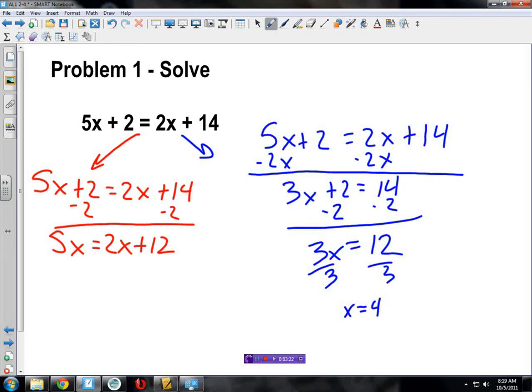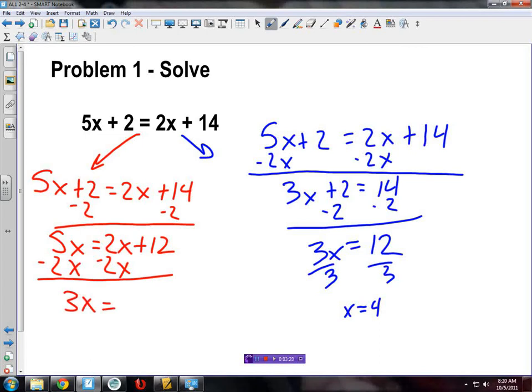Minus 2x. Minus 2x. She gets 3x equals 12. Now, do you see how that right now she got the same thing as Adrian did at one point? Yeah, and then divide by 3, and we get x is 4.